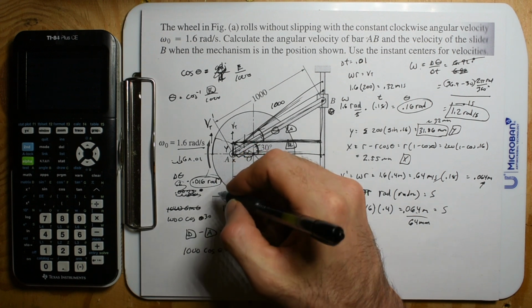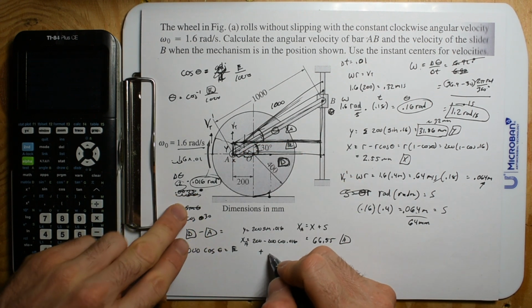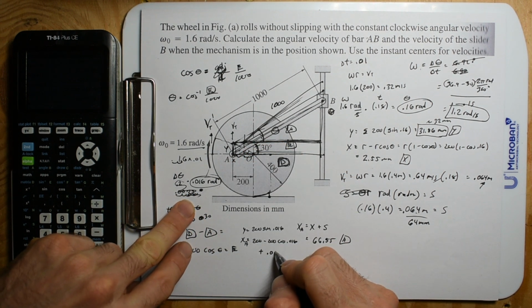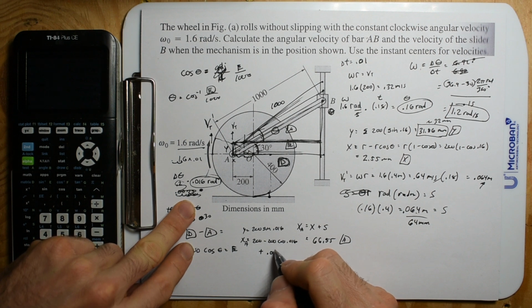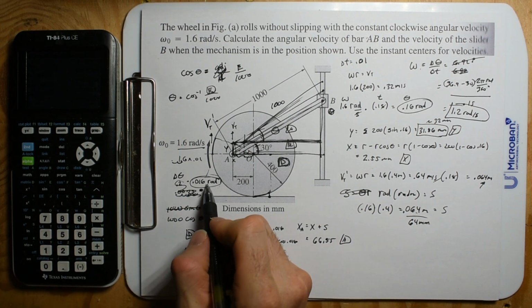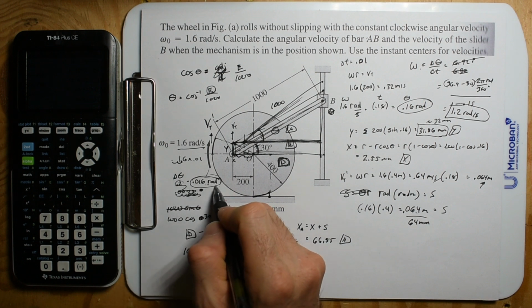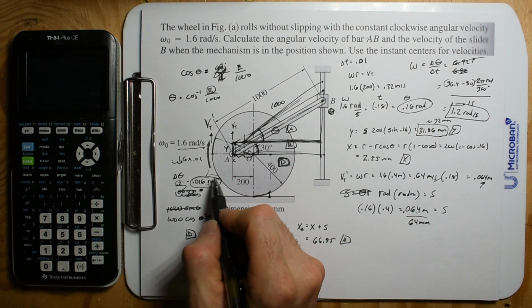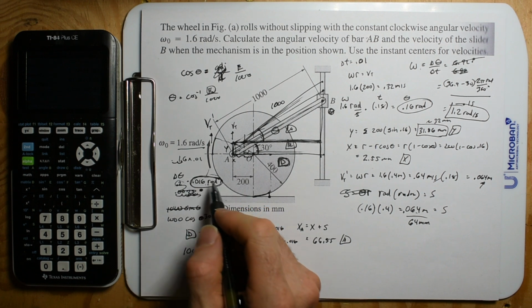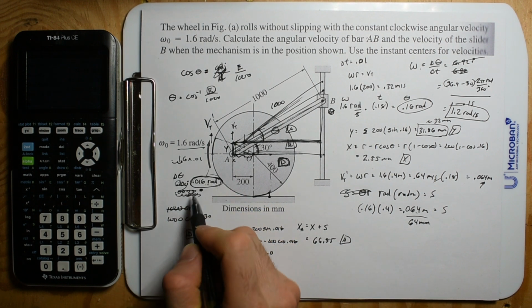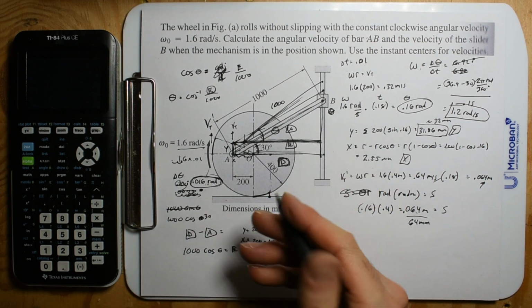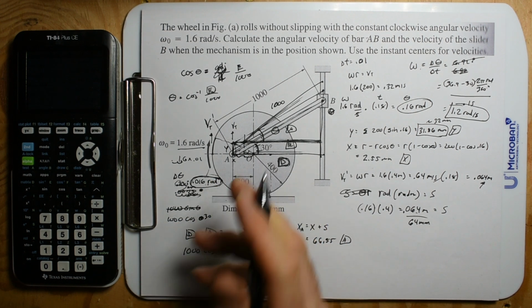I guess that's what we just did, radians times radius. Oh, radians is dimensionless. So I could just multiply this by 200 to get the arc length in millimeters. Okay. Hey, I'm learning on the fly.